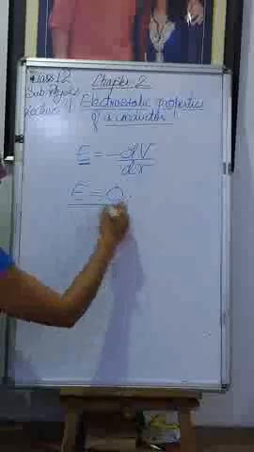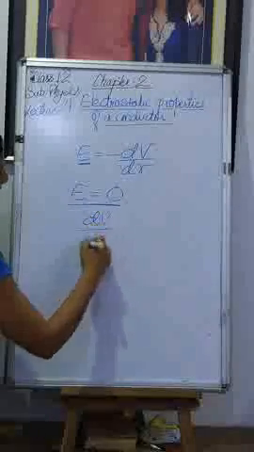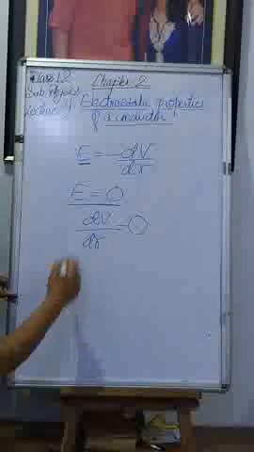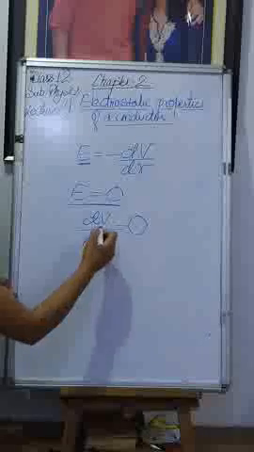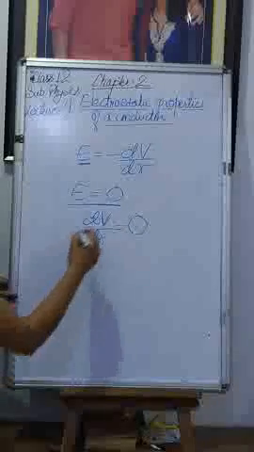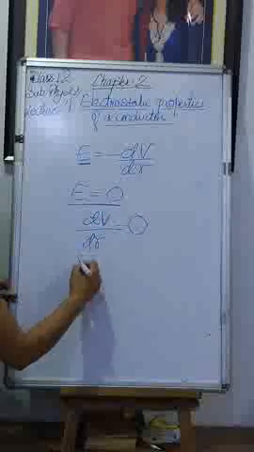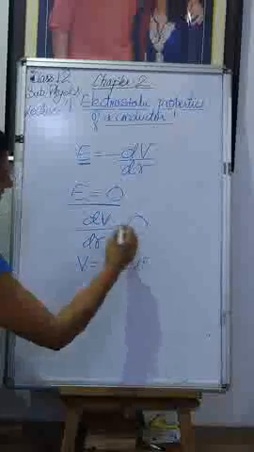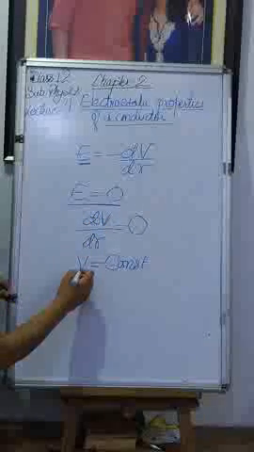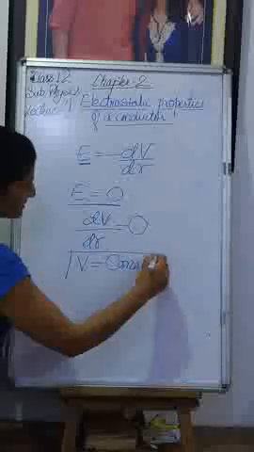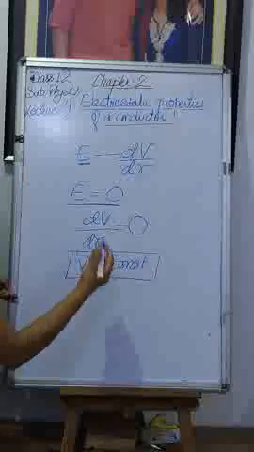If it is equal to 0, then dV upon dr is equal to 0. The differentiation of a quantity is 0 only when it is a constant. Hence we can say V is constant over here, and this is our property.